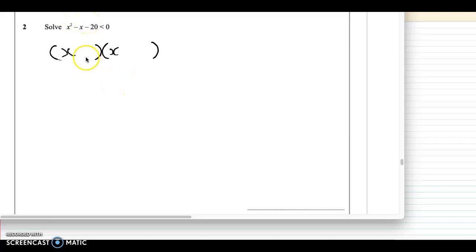That is going to be 5 and 4. Minus 1, so it's going to be positive 4, minus 5. 4 minus 5 is minus 1, and minus 5 times 4 is minus 20. Which means x equals 5 and x equals minus 4.